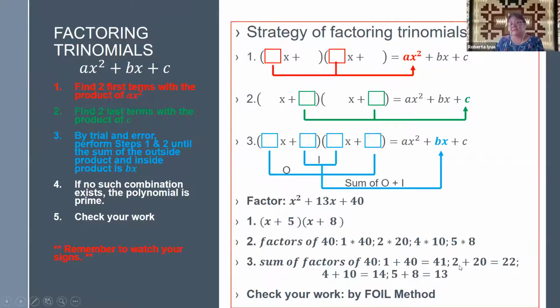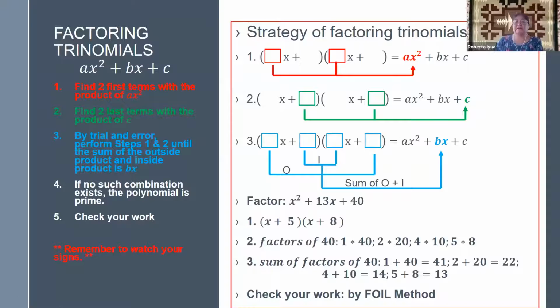I also did the sum on 2 plus 20 on my second factor of 40, came out to 22. 4 plus 10 equal to 14 on my third factor. And then my fourth factor was 5 plus 8, which came out to 13. So since I have 13 here, that's what I put in for my answer of x plus 5, x plus 8 is the answer to my trinomial.